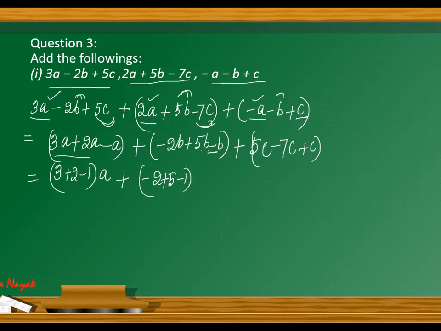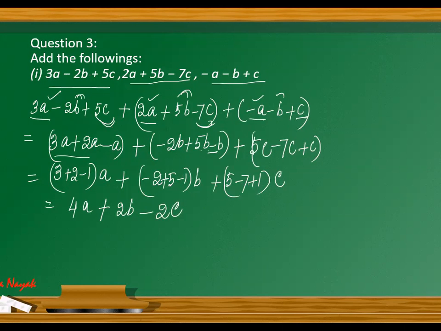Minus b means coefficient is minus 1 plus 5 minus 7 plus c means 1. So this will be 3 plus 2, 5 minus 1, 4 times a plus 5 minus 3, 2 times b. Then this will be minus 7 plus 5 minus 2 times c. So this is the answer of this question.